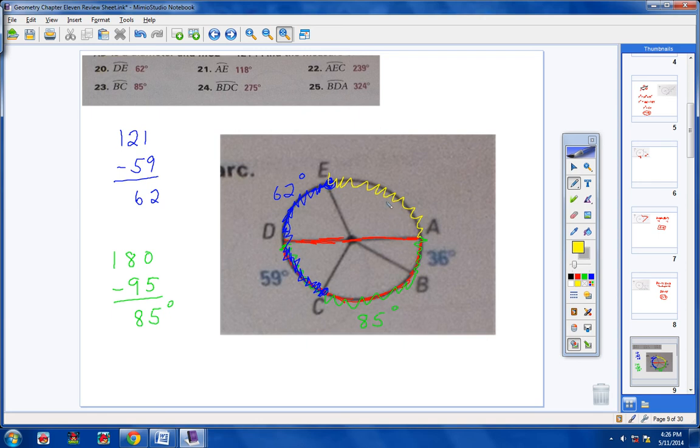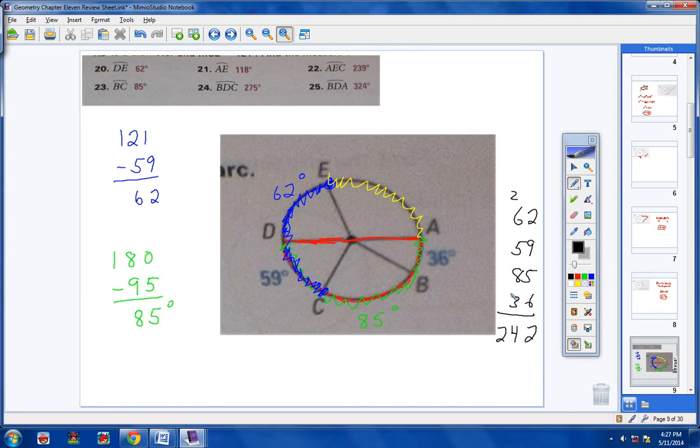Well, you know a complete circle has to be 360 degrees. We know that. So I'm going to take my arc here, which is 62, and my arc here, DC, which is 59, and arc CB, which is 85, and arc BA, which is 36. I'm going to very quickly add those together. I'll get a 22, carry a 2, 8, 13, 21, 24, and I'm going to check and make sure this is right. 11, 20, 22, 11, 16, 20.